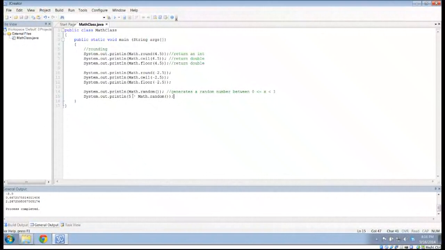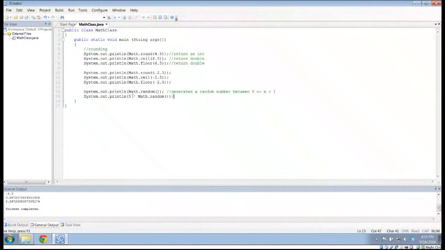So if I want to change the range of the function from 0 to 1 to 0 to some other number, I can do that by multiplying by whatever I want my width to be, my range, my high minus low.